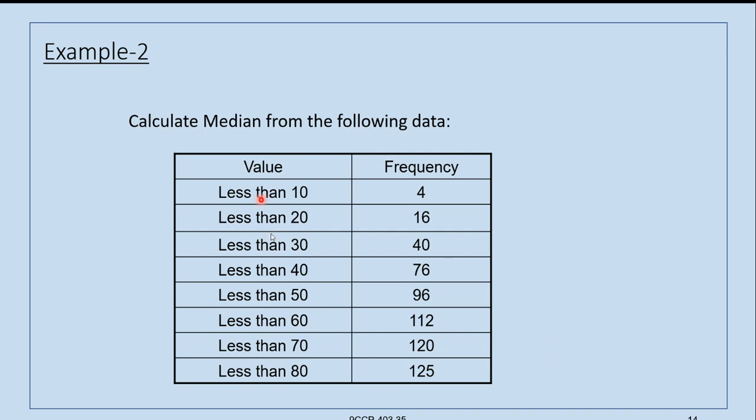So the series can be like this: 0 to 10, 10 to 20, 20 to 30, 30 to 40, 40 to 50, 50 to 60, 60 to 70, 70 to 80. And the frequencies are 4, 12, 24, 36, 20, 16, 8, and 5.